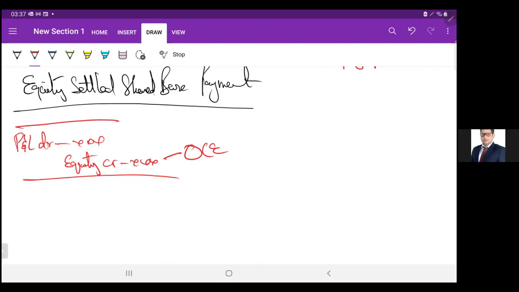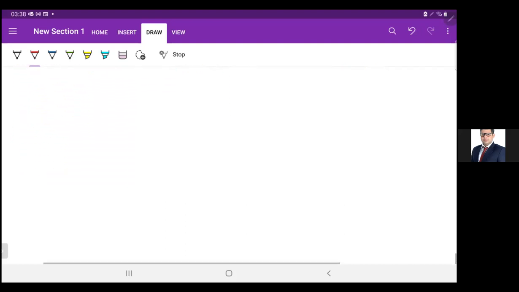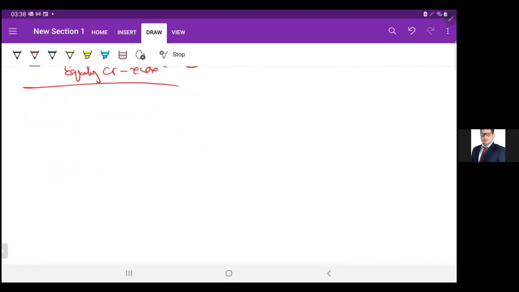So the basic principle overall here is that all transactions are measured at fair value, right? So in this case, let me tell you what you have to do in case of measurement.